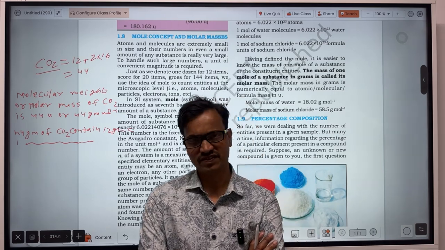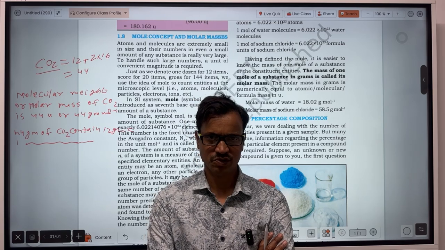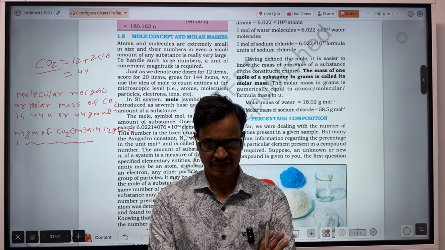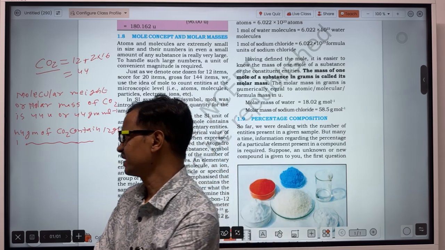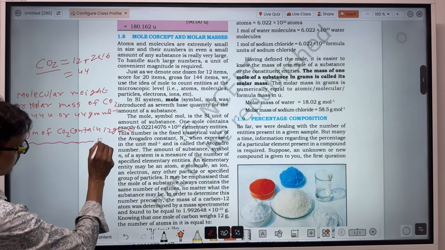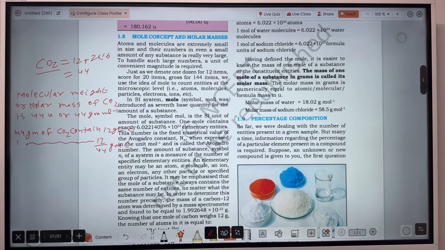And if the weight of CO2 is more, then the weight of carbon will also be more. So here it is directly proportional. So 1 gram of CO2 contains 12 upon 44 gram carbon.